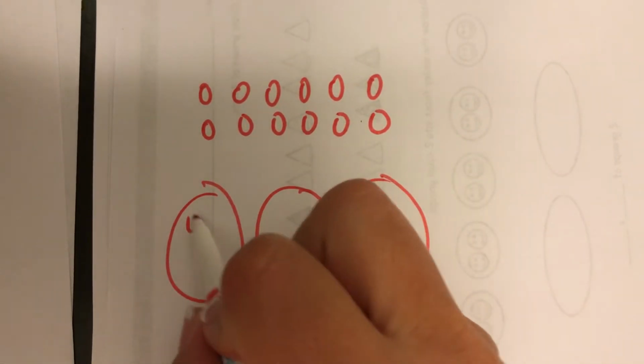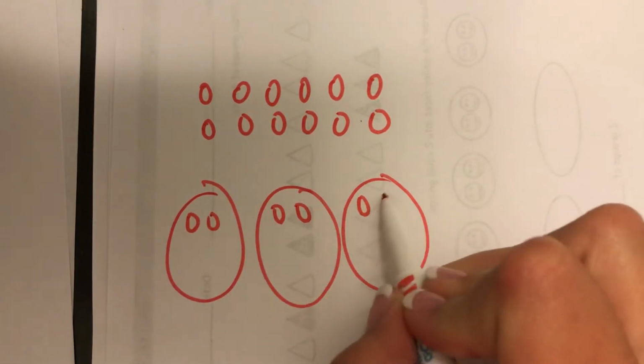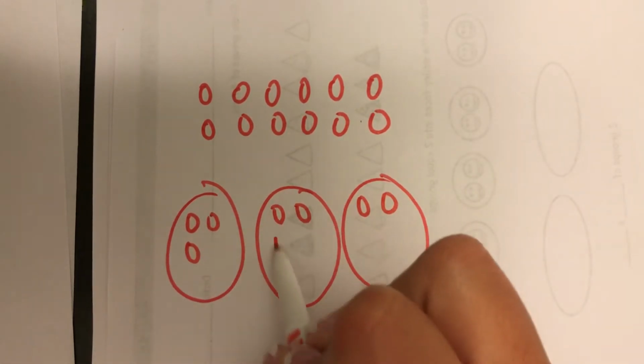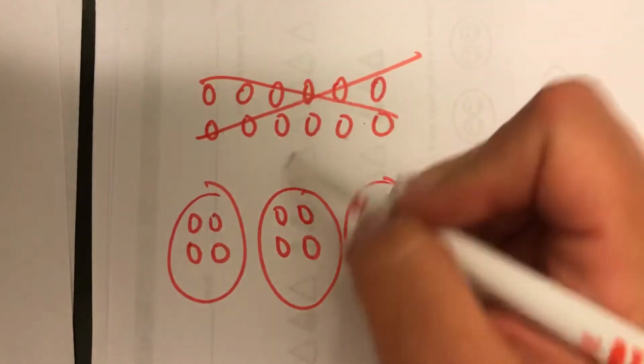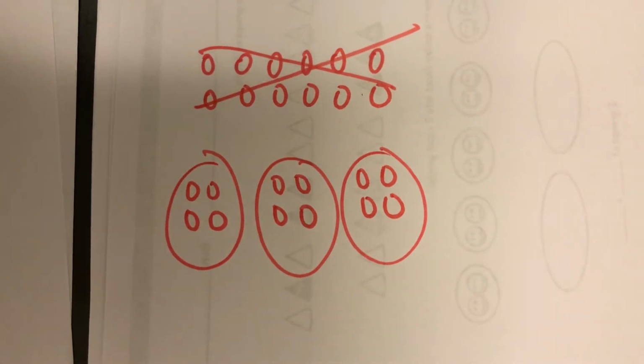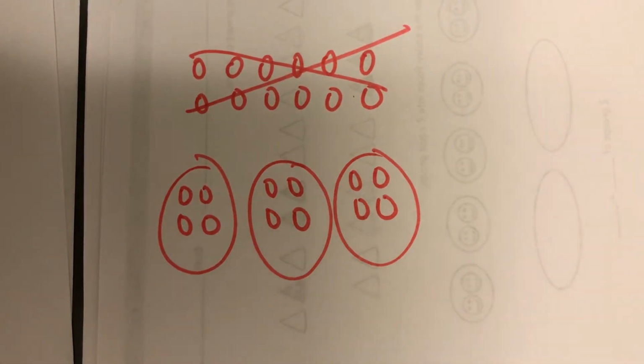We could go 1, 2, 3, 4, 5, 6, 7, 8, 9, 10, 11, 12. So these same things up here are now down here in baskets. Okay, so you're drawing a picture. It told me to draw a picture to show how she can put them into 3 equal groups.